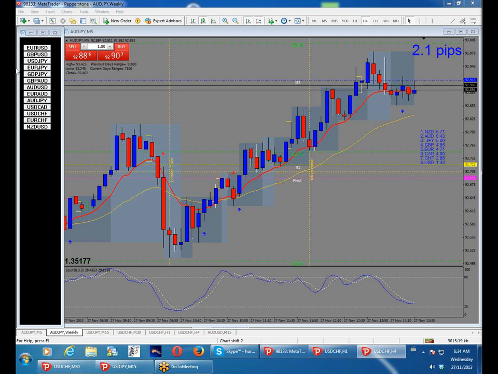On this Aussie yen here, just as an example, we got a signal back here. So if the next candle again breaks above this marked candle, we would take that trade.